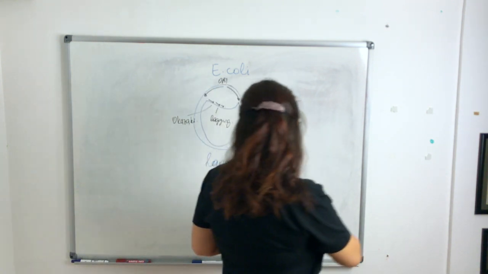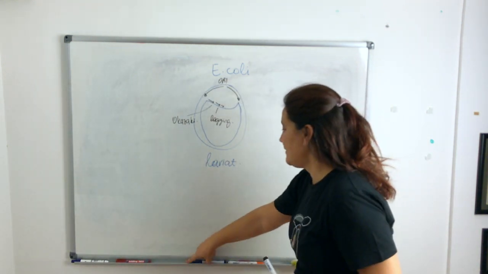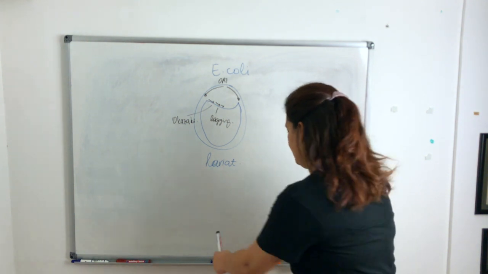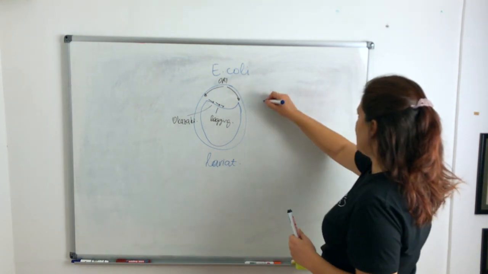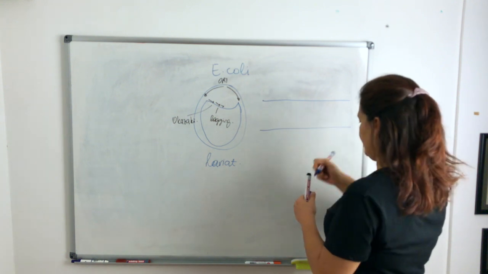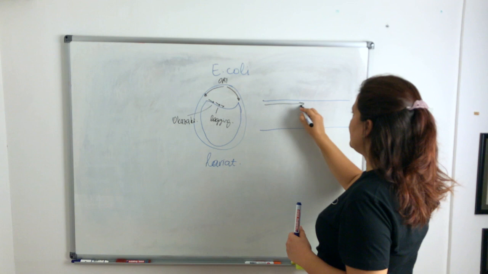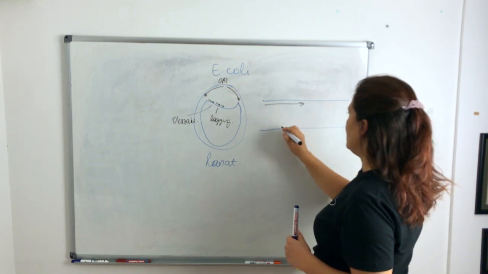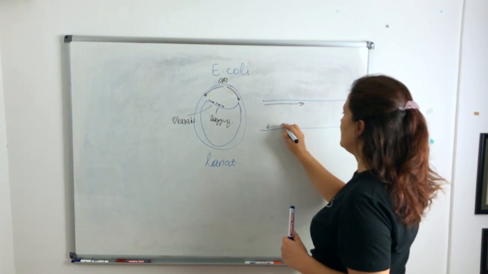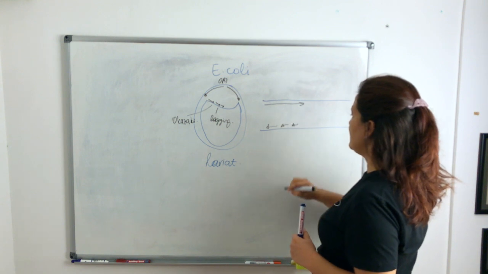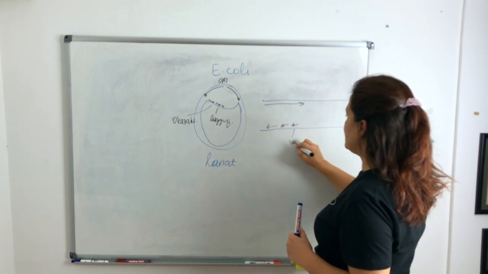Also in linear chromosomes, if we have a chromosome like this, if this synthesis is continuous on this side, then on this side it will be continued like this, and here it will be the lagging strand.